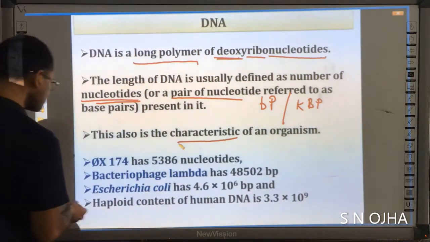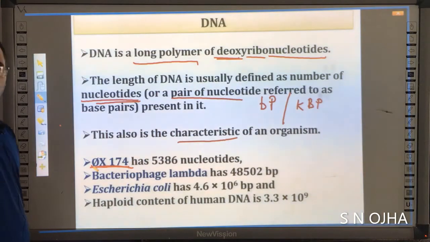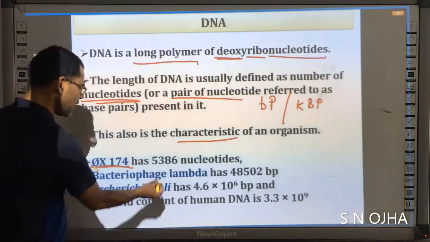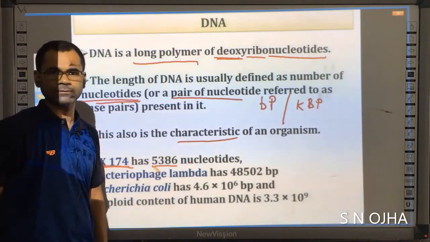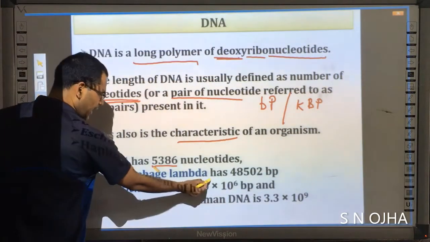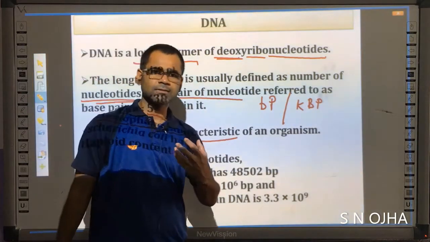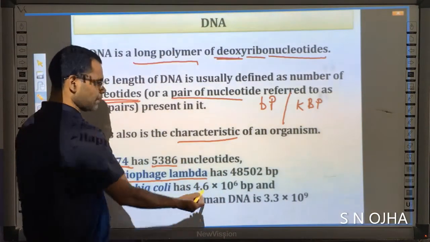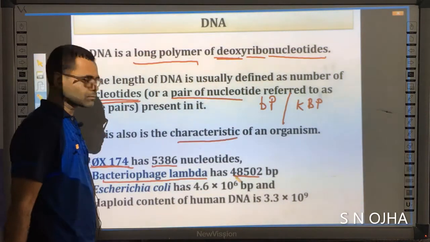Let me take it. Phi 174 is a very simple virus, and this virus has only 5386 nucleotides, a very small number. Bacteriophage lambda, bacteriophages being the viruses which attack bacteria, has 48,502 base pairs.